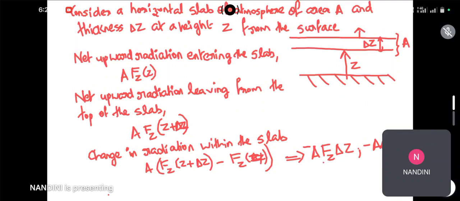So it will be minus A dFz by dz into delta Z.